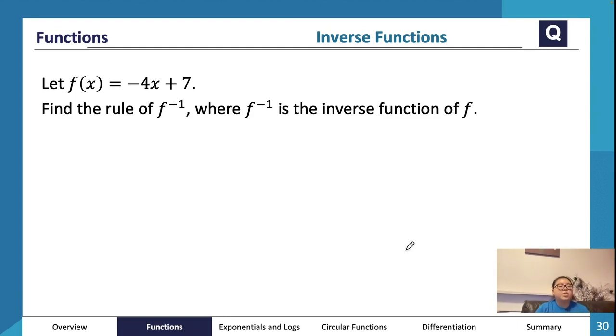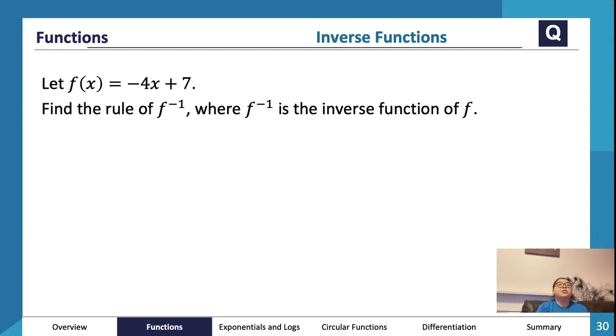In terms of domain and range, they just flip, because you're flipping the values, so it makes sense that you're flipping the sets of values the independent and dependent variables can take.